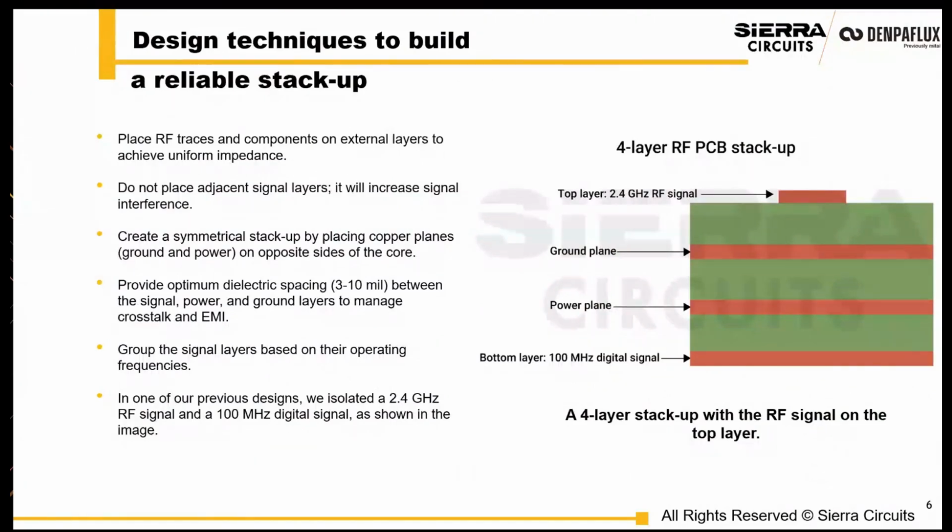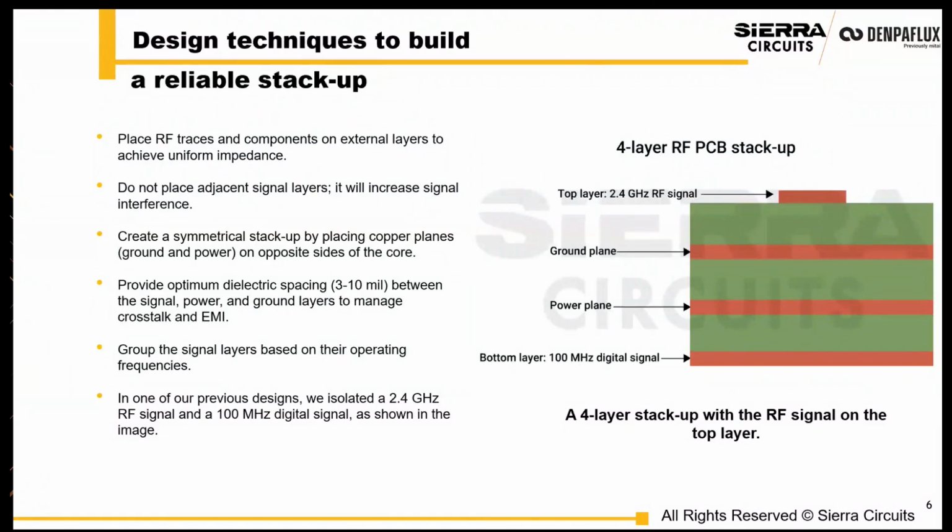So when you're building a reliable stack up, there are things that you can do for manufacturability as well as electrical performance. Here we've listed some of the things. One thing is that if you have the ability to surround your signal layers with ground and power planes, that would be a really nice ideal situation.